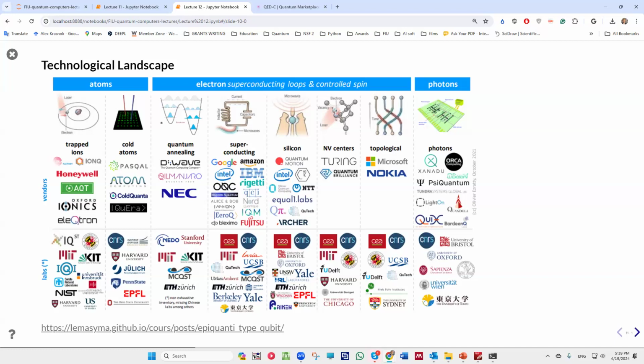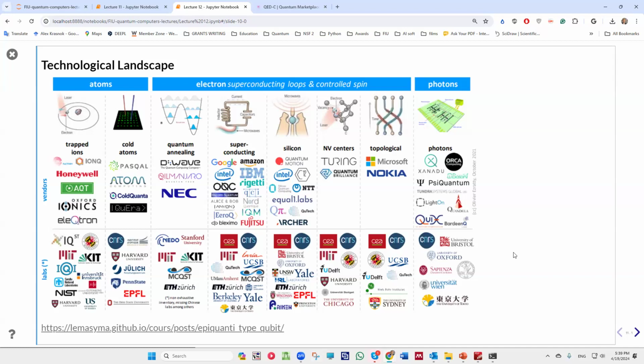Industry, of course, tries to make revenue from a particular type of computing in this case. Anyway, I encourage you to look at this slide more to see if you like any of these companies. Maybe some of these will be your job place soon.